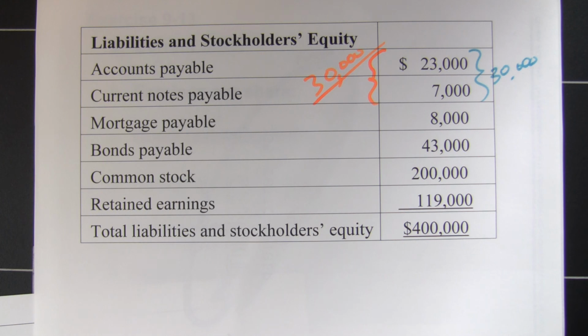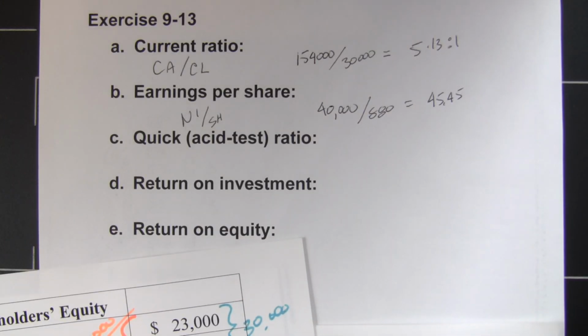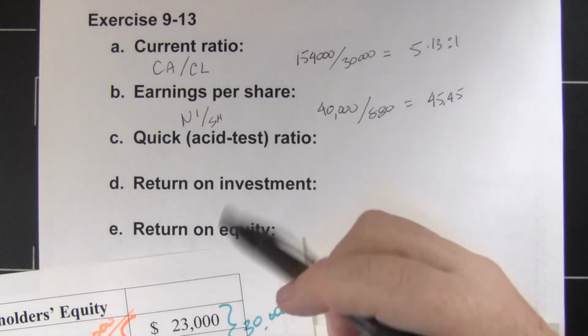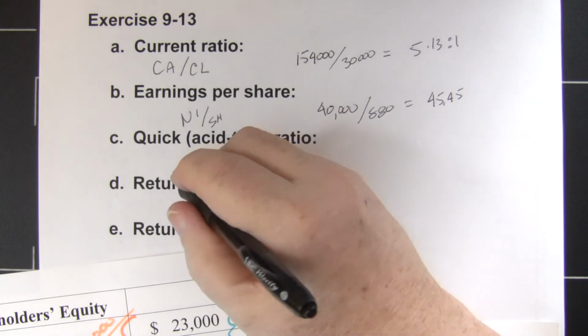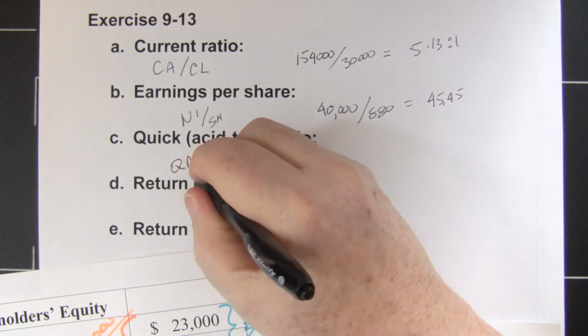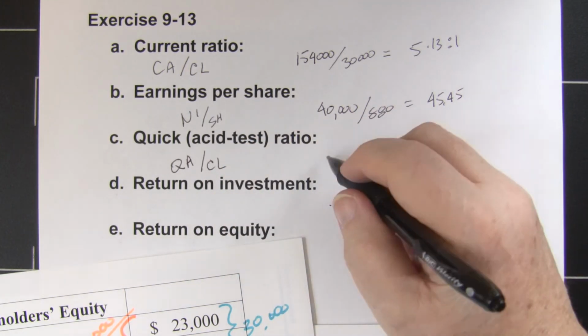And you're saying, how much can I raise quickly to pay every dollar of liabilities that come in? This number will always be smaller than the current ratio. Always. So it's the quick assets, which I will abbreviate QA, divided by the current liabilities.